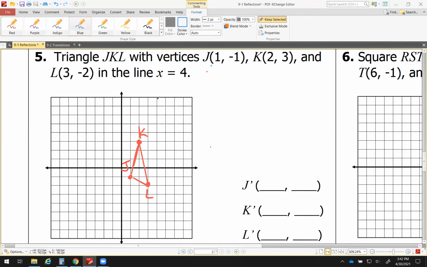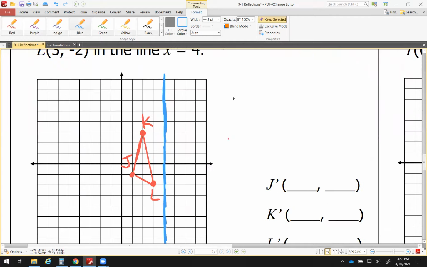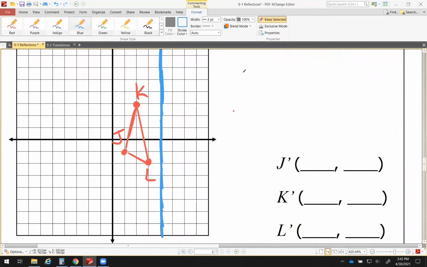Now remember, x equals is a vertical line. X equals 4 is our line of reflection here. It's not the axis, but it is a vertical line. So K prime will be 2 units to the right because K is 2 units to the left.